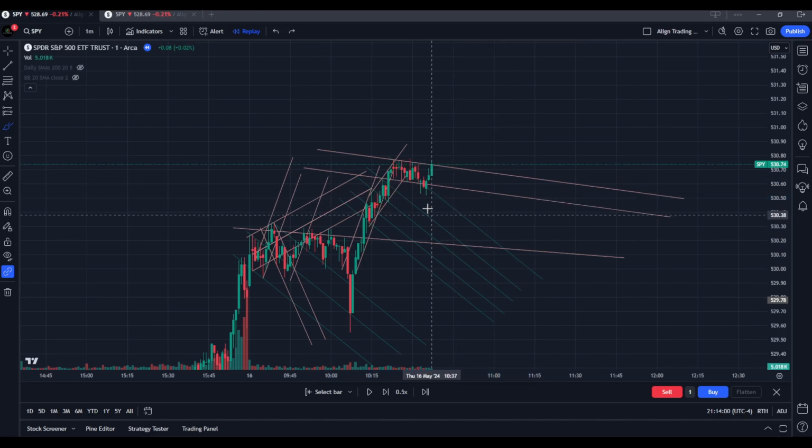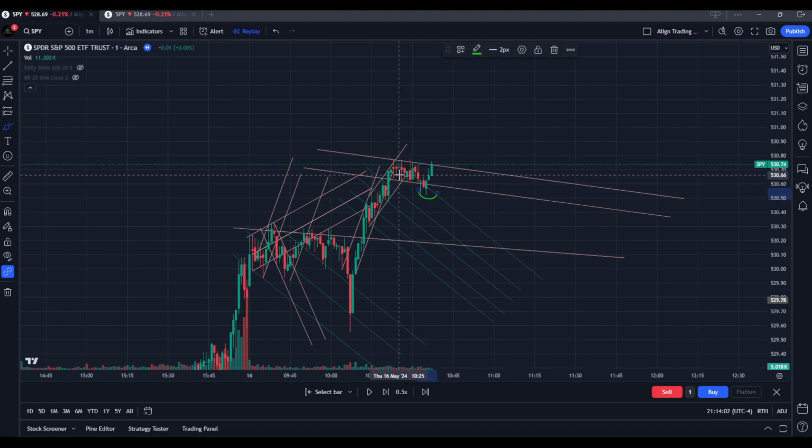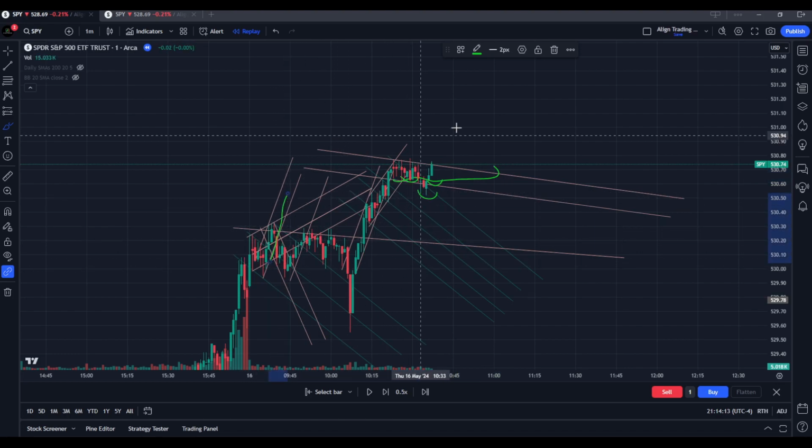Now, what I want to see to hold now is this inverse head and shoulder like that, the micro one, and see if we can hold that level right there to continue breaking higher with this algorithm right there. So we can see it starting to possibly form. Let's press play.